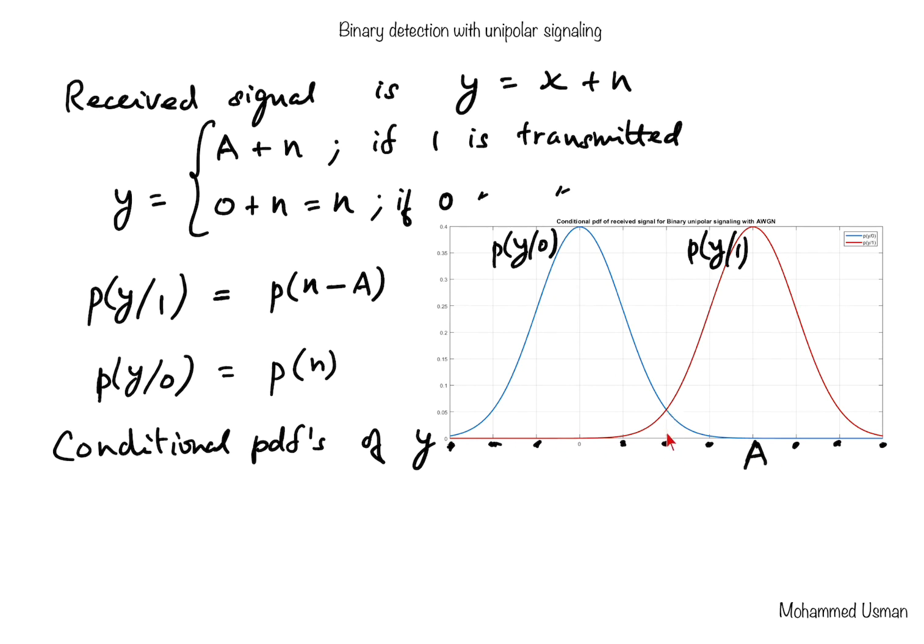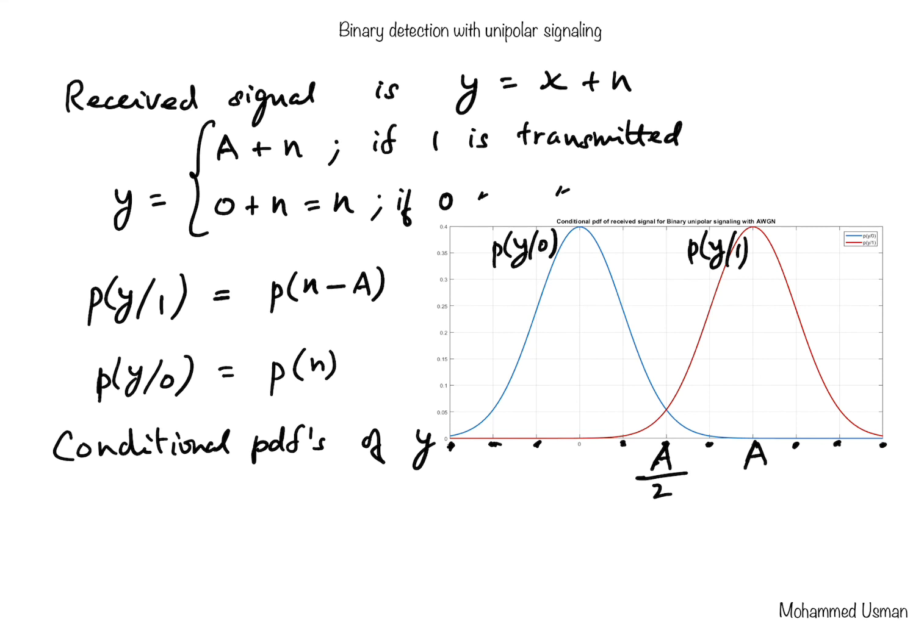Because of the symmetric nature of the Gaussian PDFs, the intersection of these PDFs will happen exactly halfway between 0 and A, which is exactly at A by 2. So the intersection point here is going to be A by 2.